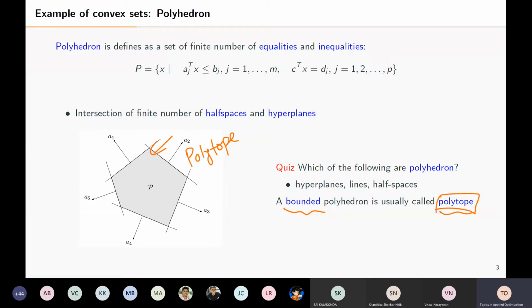Yeah, it could be unbounded, but these things can never be a polyhedron, right? Because polyhedrons don't have curvatures like this. These are made up of this, so if they intersect, there will be sharp corners and so on, right? You cannot generate something like this. You can generate this provided you are allowed to choose m to be infinity. Then you may be able to.